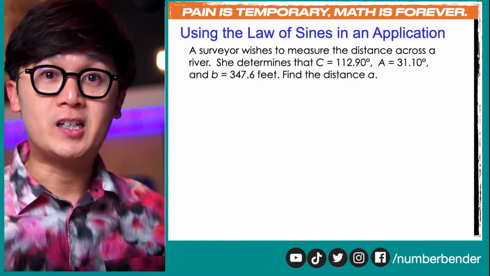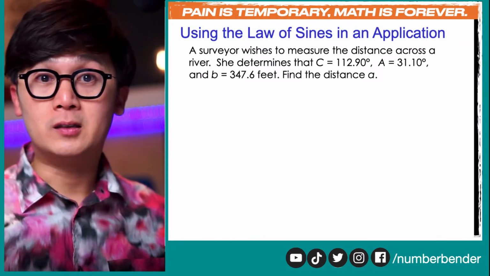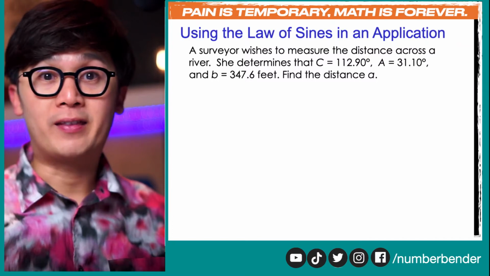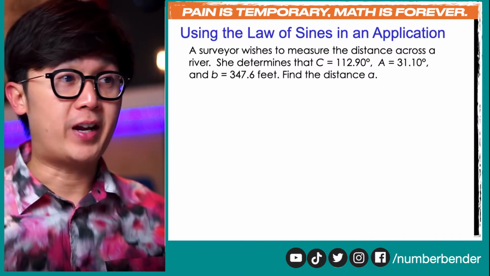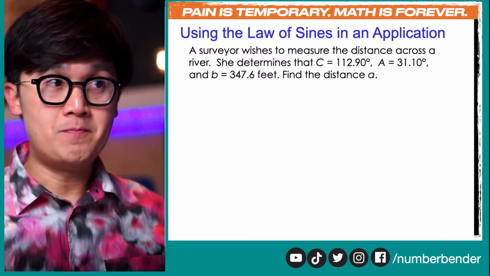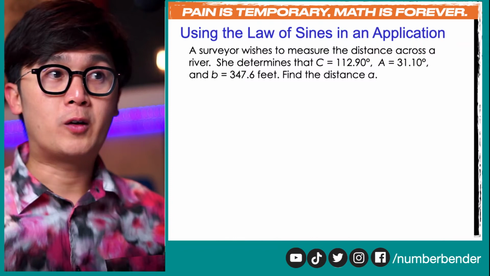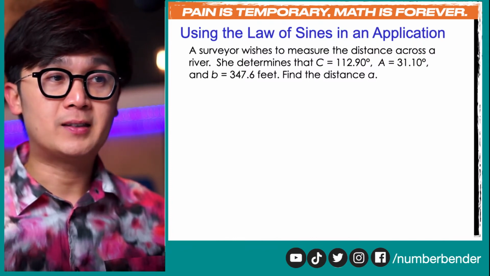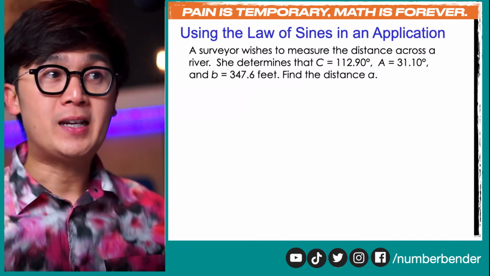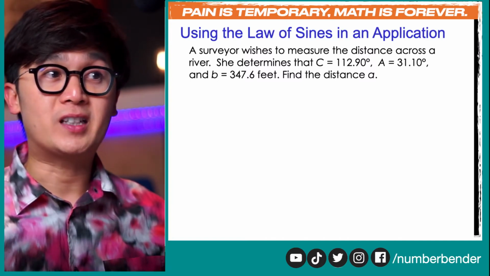The challenge here is figuring out how to draw the triangle that will help us in solving this word problem. We have a surveyor who wishes to measure the distance across a river, and she determines that C is equal to 112.90 degrees, A is 31.10 degrees, and b is 347.6 feet.